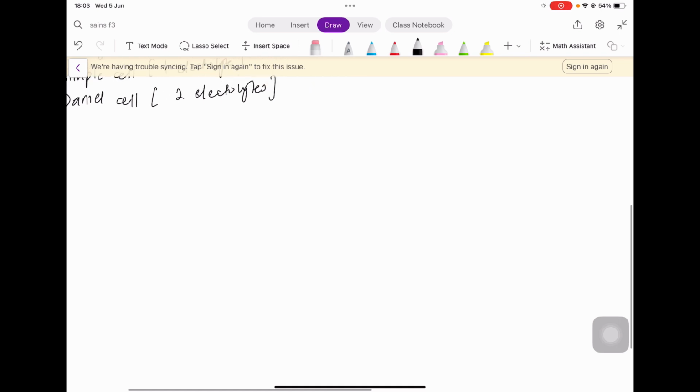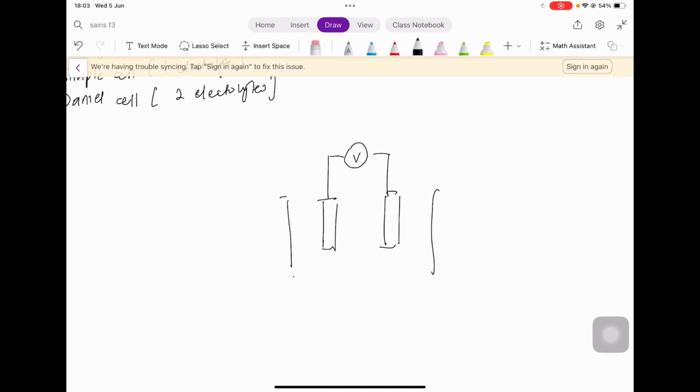Sorry, not battery, but now we have our voltmeter. It is connected to our electrodes. Now our electrodes would not be the same material. Ini kan ada two electrodes, so two different electrodes. Ni contoh je lah.